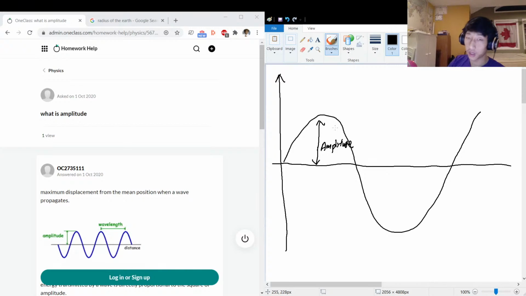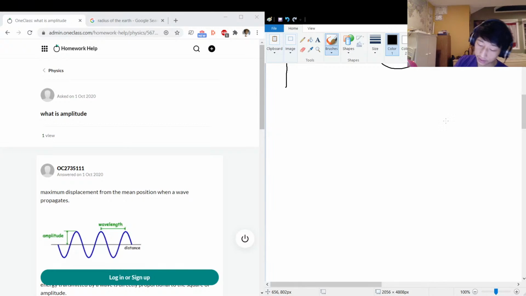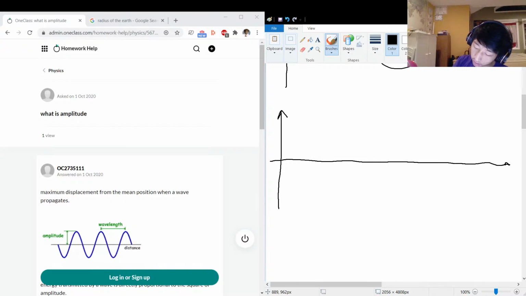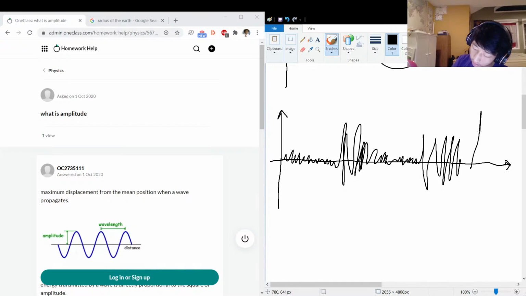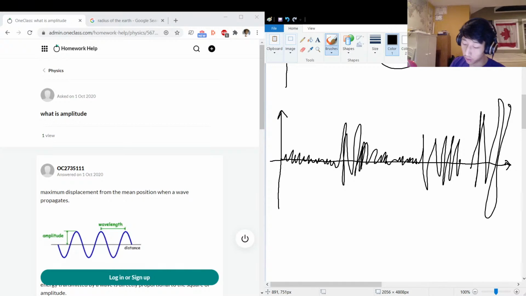So, let's say we have a sound signal that is not necessarily a perfect sine wave. If you ever looked at the actual sound signal of your favorite song, it might look like some sections like this, some quieter sections, some louder sections when the bass drops, and then we got a little bridge. And then another bass drop, and then someone screams over here. So these areas would be higher amplitude.